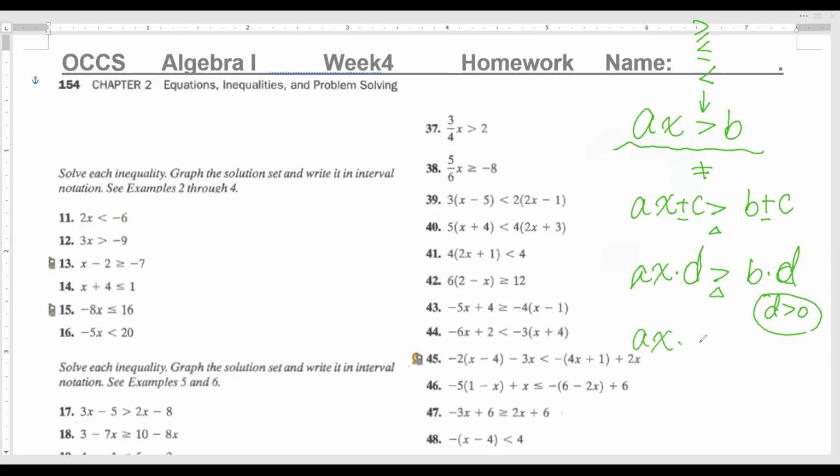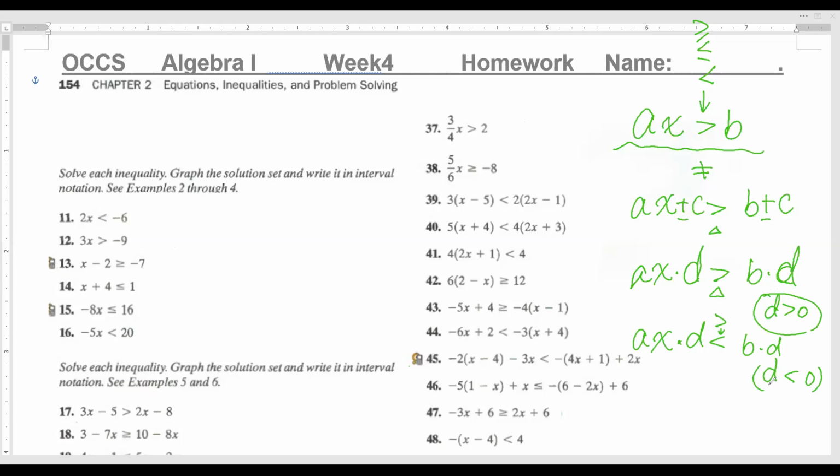When d is a negative number, this inequality sign needs to change to its opposite, right? When d is a negative number.